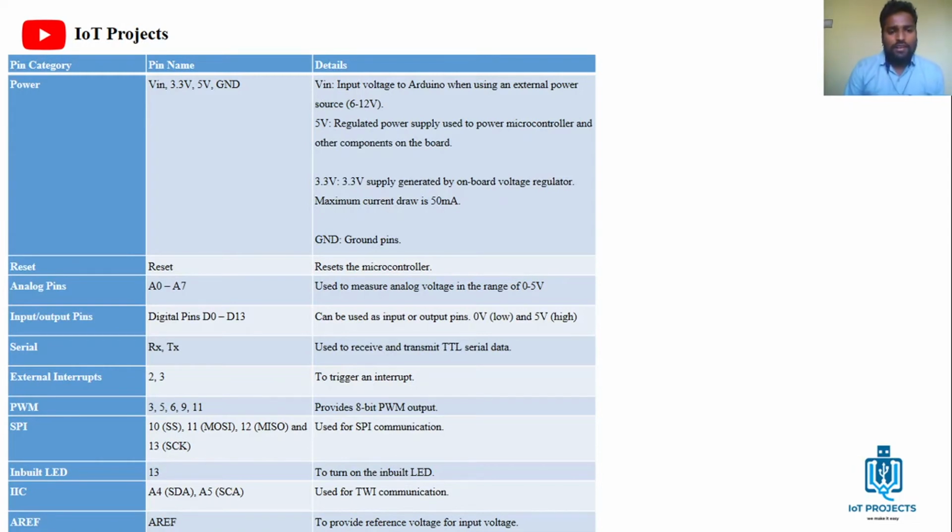The main difference comes in the analog pin section. Here we can see there is A0 to A7. Here a total of 8 analog pins are being used.